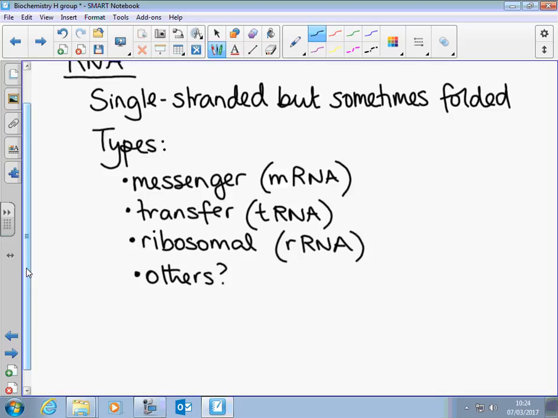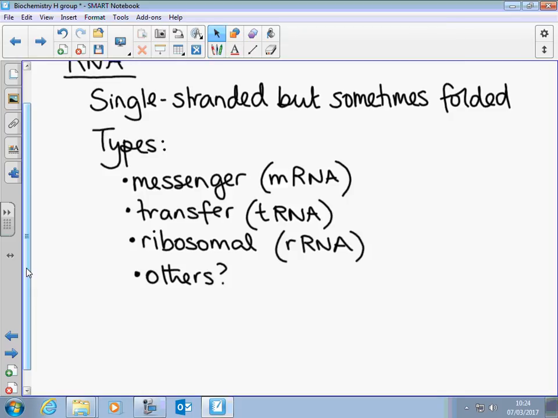And there's a whole area of gene control called RNA interference, where you get little RNA molecules going along and interfering with genes and stopping them being expressed. And so we're finding other sorts of RNA all the time, so you might come across those. Okay, that's all I'm going to put on there.